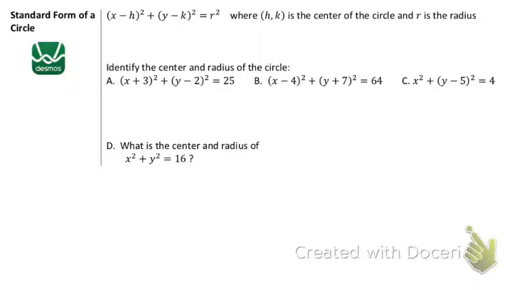Okay, so let's talk about a type of equation of a circle. This type of equation is called the standard form equation of a circle, which is presented here. It's (x minus h) squared plus (y minus k) squared equals r squared. And recall, r is just the radius.